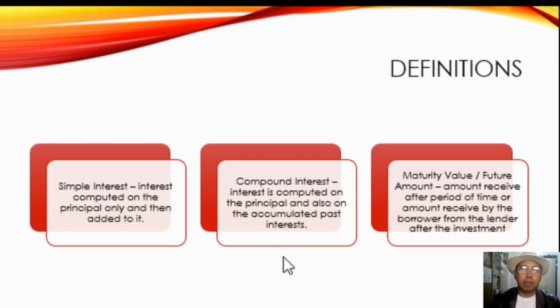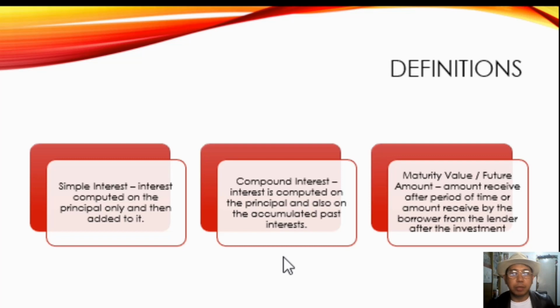So the final amount after 1 year would be 1,100 pesos. But because the loan is for 2 years, meaning to say there is the second computation, and so after 2 years, you will be computing the interest of that loan. Your principal now will no longer be 1,000. It will already be the first accumulated interest plus the principal, which is 1,100. So what would be the interest after the second year?